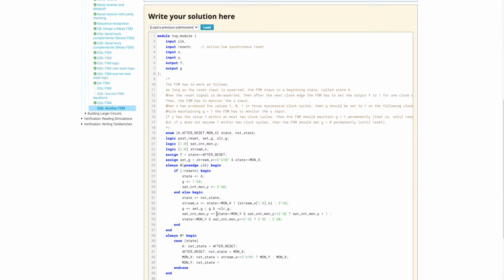So this is saying if I'm in this monitor Y, I'll count from 0, 1, 2, 2 being the saturated count, and 2 forever, not ever going to clear G. Or it'll clear G. And so count from 0, 1, 2 because of this, and then it'll stay at 2 because of this. And if I'm not in this state, then I'm just at 0.